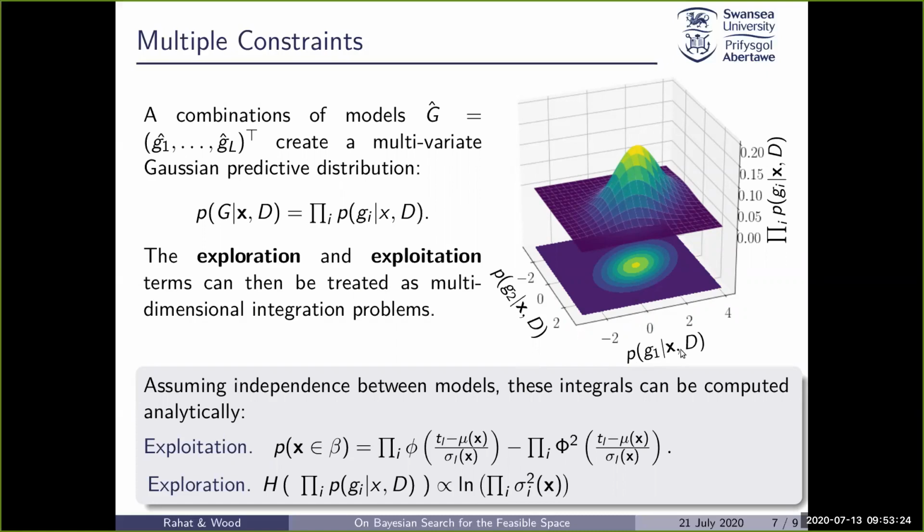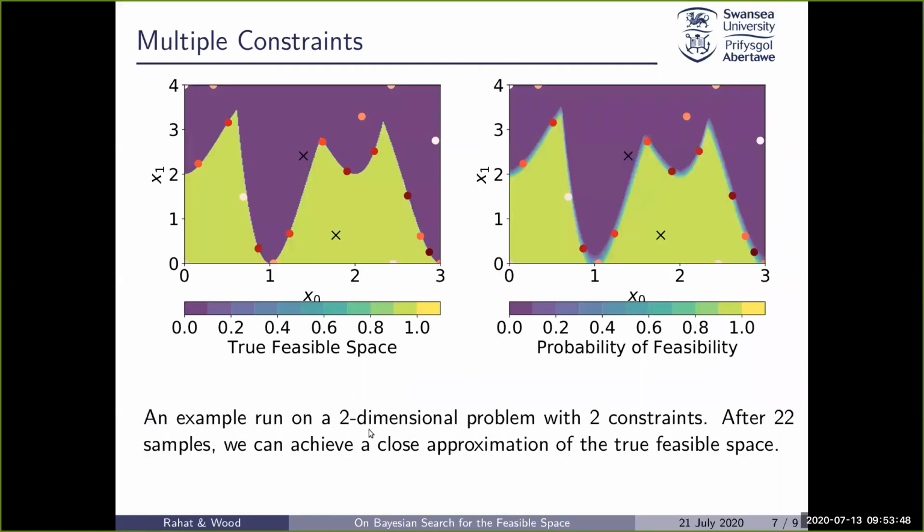For example, if we had two models, G1 and G2, this is what it produces. We also note that exploration and exploitation terms are multidimensional integration problems. If we assume independence between these models, we can analytically compute these exploration and exploitation terms for multiple constraints. With that, we can come up with our acquisition function and use it in estimating the feasible space.